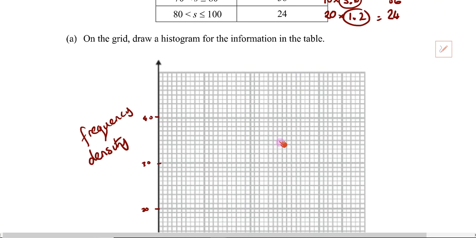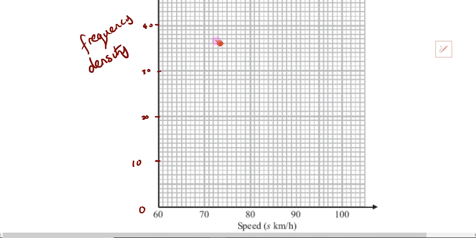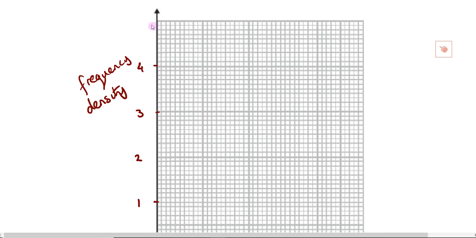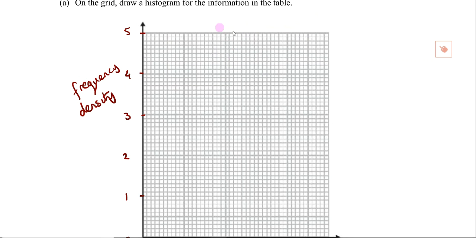Having it up to 40 is not right. What was the maximum it needs to go to? 5. So I'm going to do it as 1, 2, 3, 4, and 5. Now that's nice because it's exactly what I have. And now I'm going to plot it like that instead.